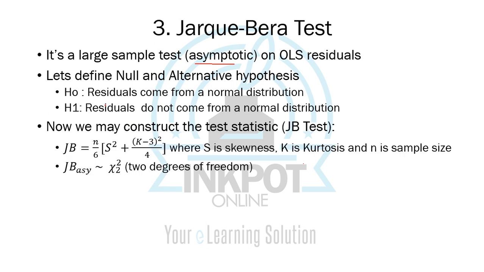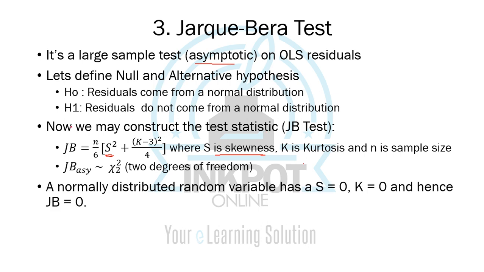Now we construct the test statistic, the JB statistic: JB = n/6 times (S squared plus (K minus 3) squared over 4), where S is the skewness of the residual distribution, K is the kurtosis, and n is the sample size.